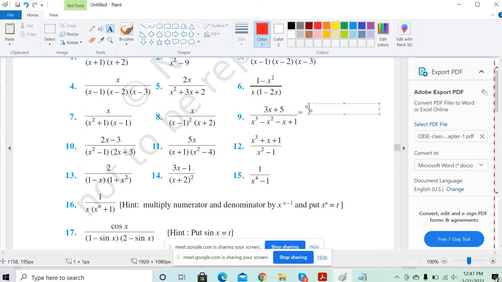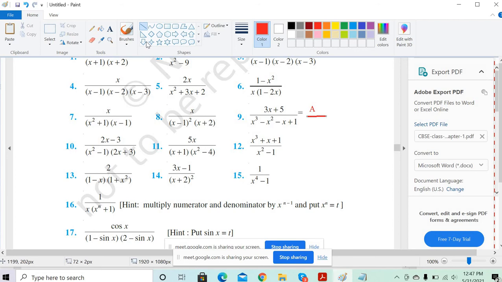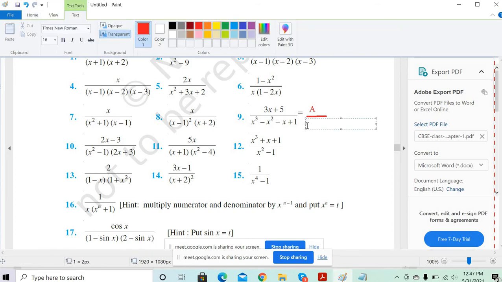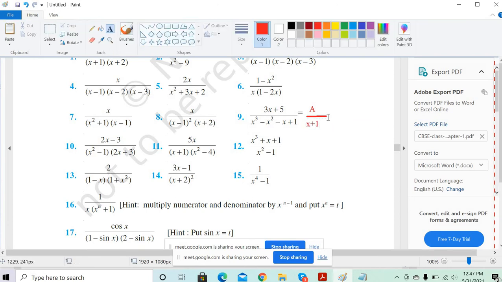Now here you have mentioned A by X. This will become A by X plus A by X plus 1, right? Okay, this is what you have mentioned.